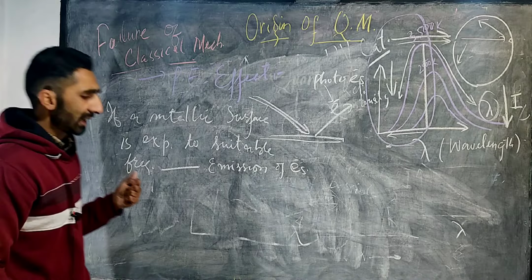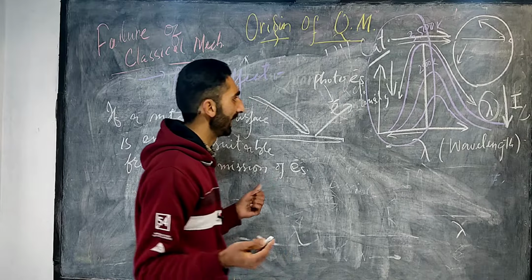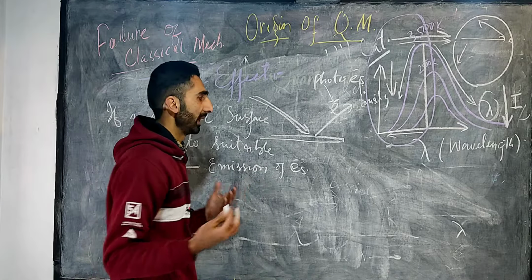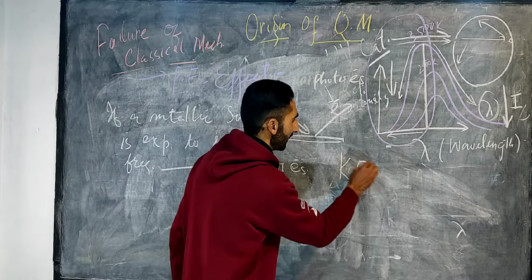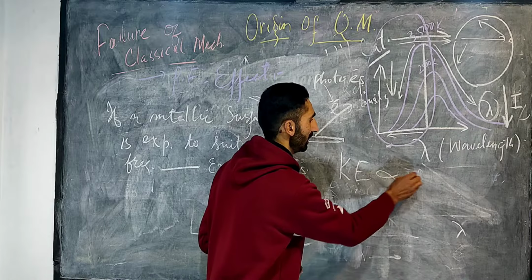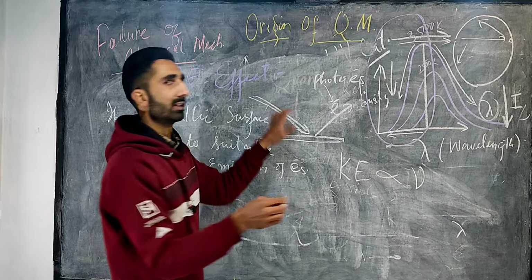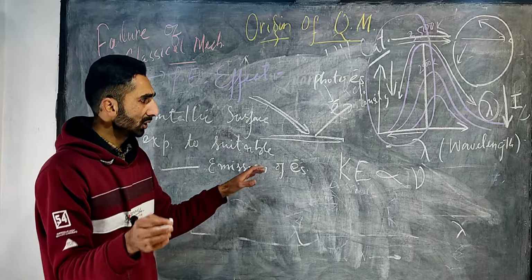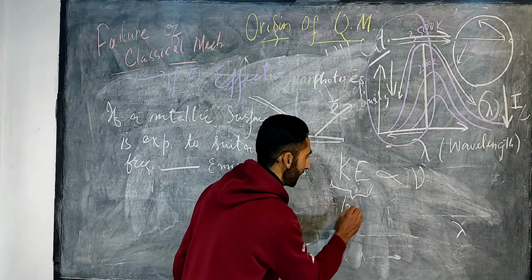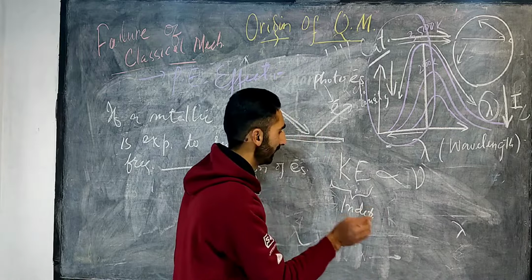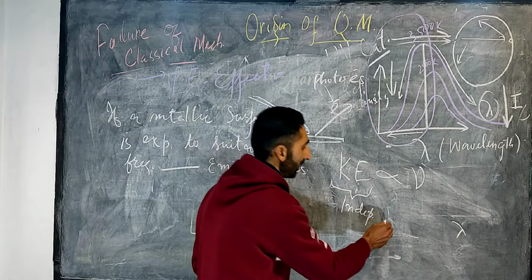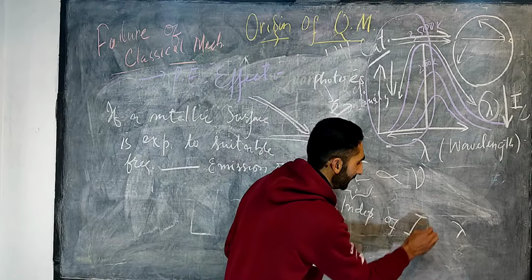So what was experimentally observed was that these electrons possess some kinetic energy, and the kinetic energy of those photoelectrons was seen to be proportional to the frequency of the incident radiation of the light. And this kinetic energy is independent, this is the most important thing, the kinetic energy possessed by those electrons is independent of the intensity of the incident light.